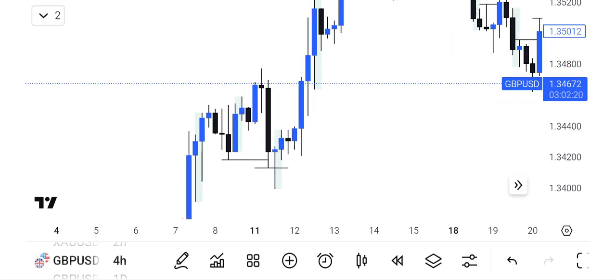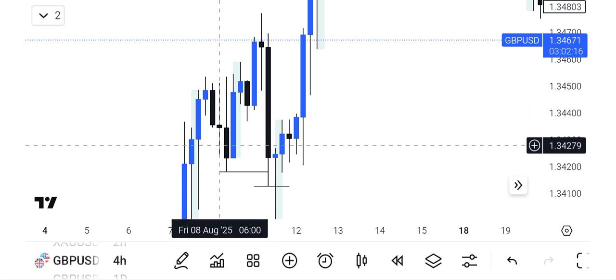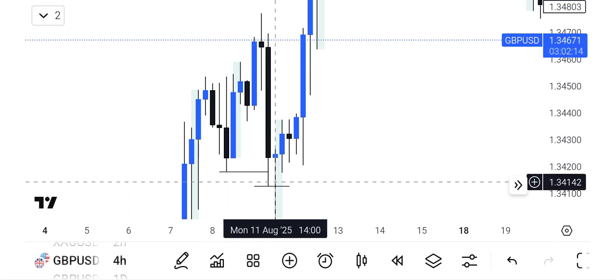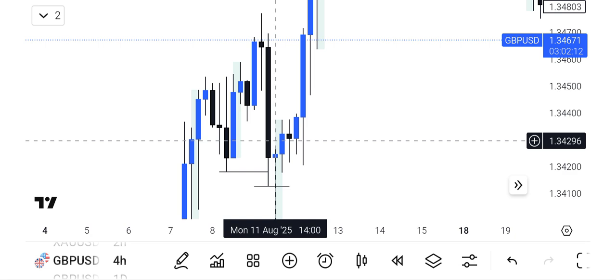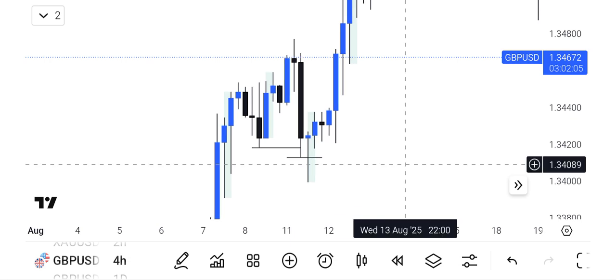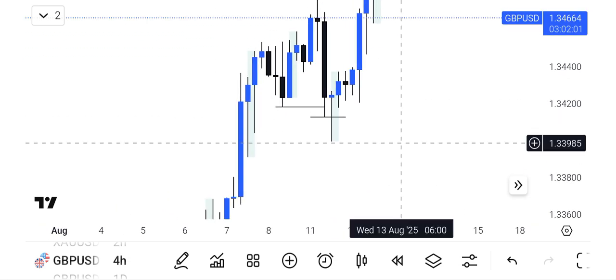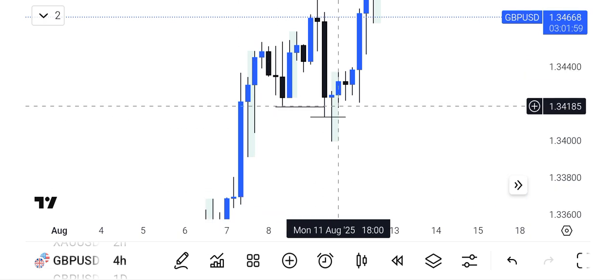So after we see our sweep here, now we're looking at this one as an inducement sweep, another one is a fake out sweep. Anyone can consider either, but I feel the inducement sweep works more than the fake out sweep, but they both work. Now let's look at this one. We have a bullish impulse here. Now we are seeing our first sweep.